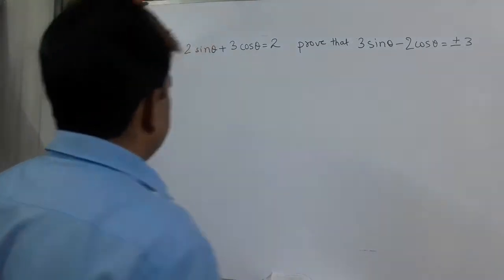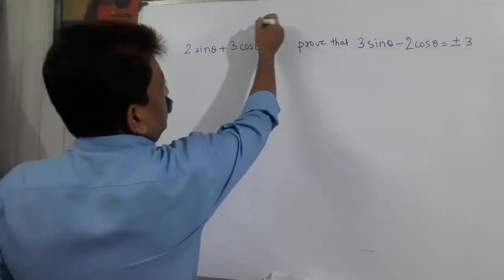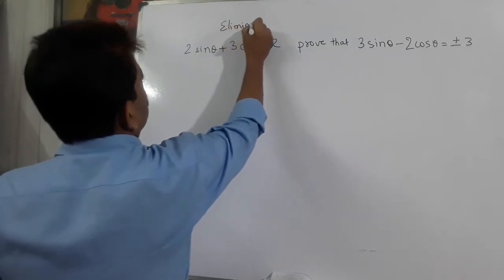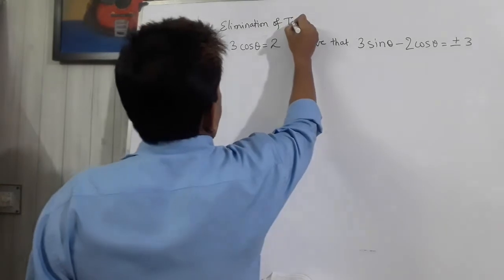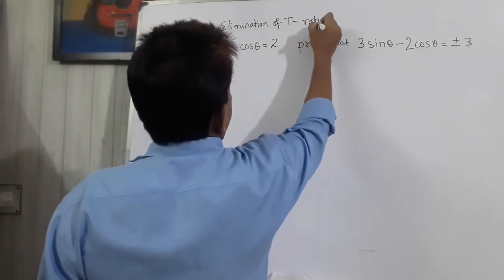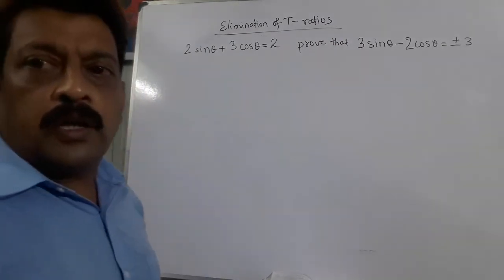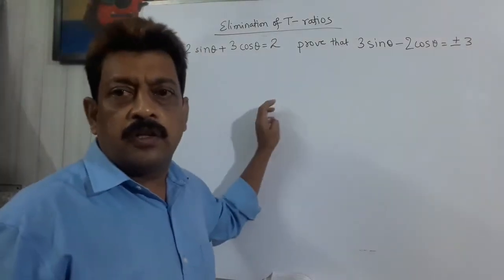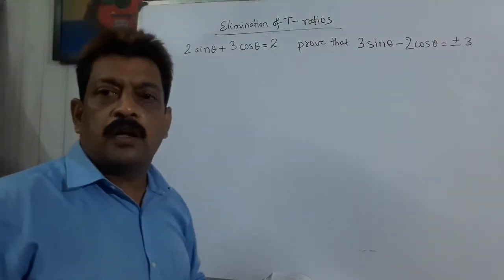So first of all, before that let me write down the topic, elimination of trigonometric ratios. T ratios means trigonometric ratios, where at the end of the sum we will find that trigonometric ratios are not there, instead only these values are there.